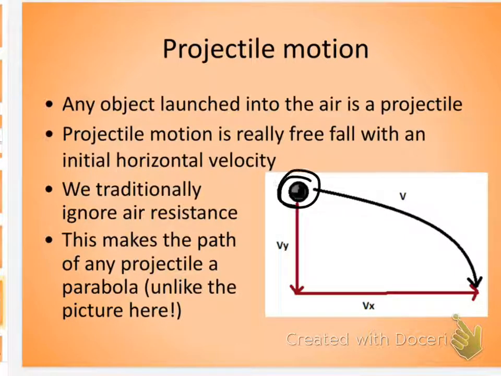So it's an object that has some initial velocity that is now falling. We have 2 components to the motion, an x component and a y component, and that ends up giving us a resultant vector. It's really a parabola, but we kind of ignore the parabolic implications.